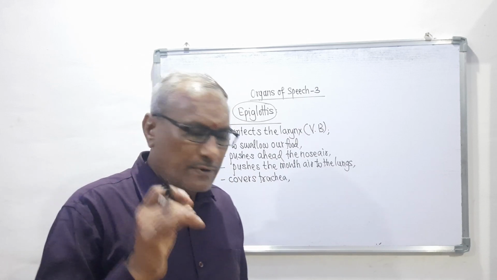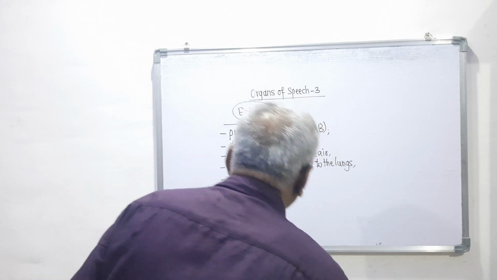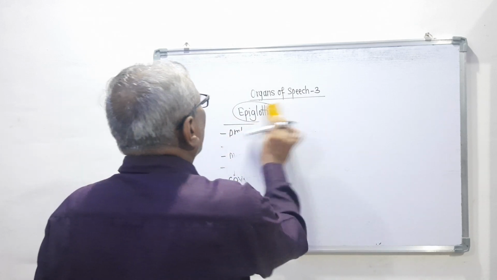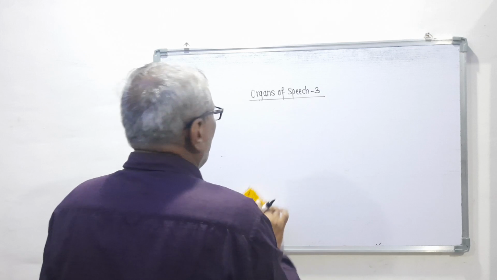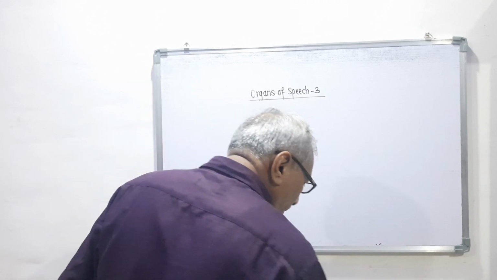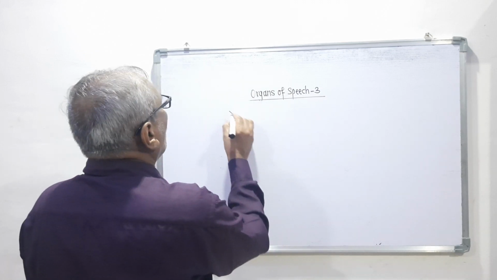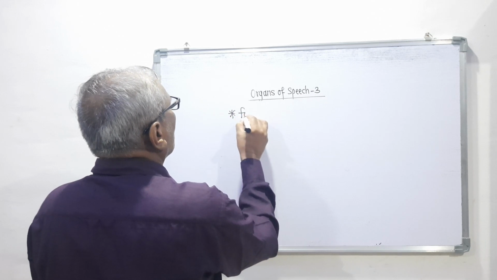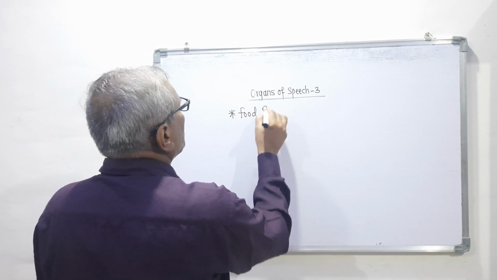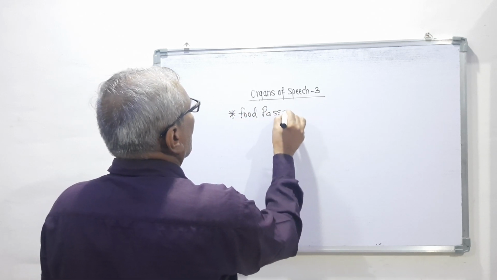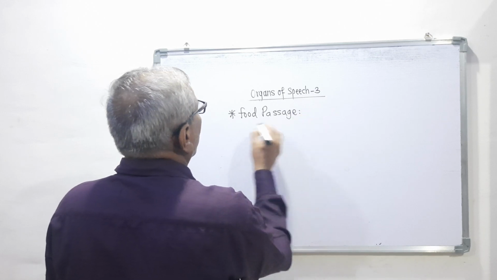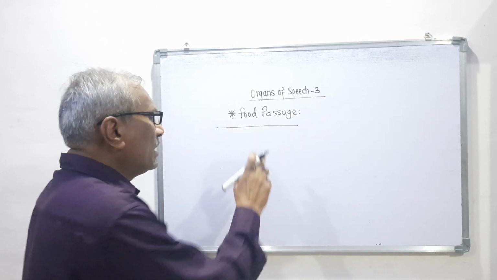That is the explanation. Now, the next organ of speech is the food passage.